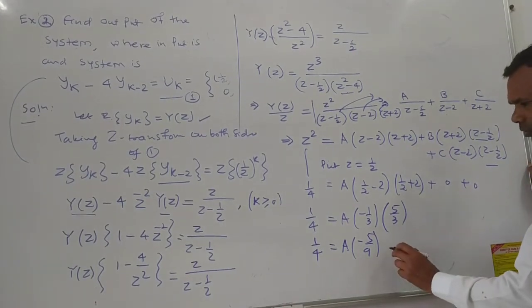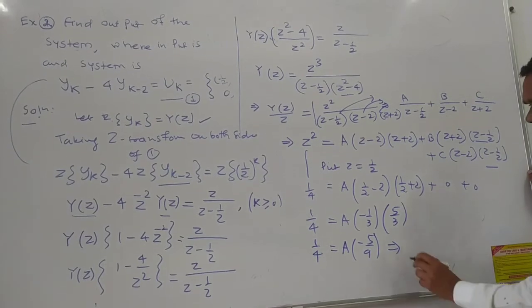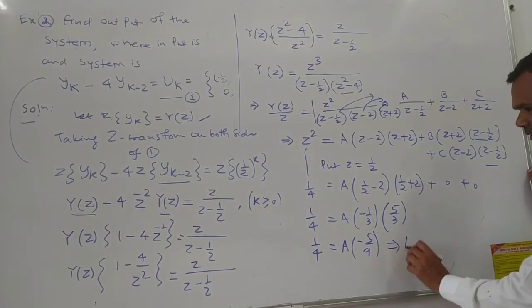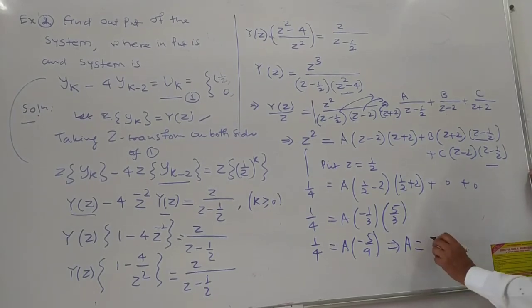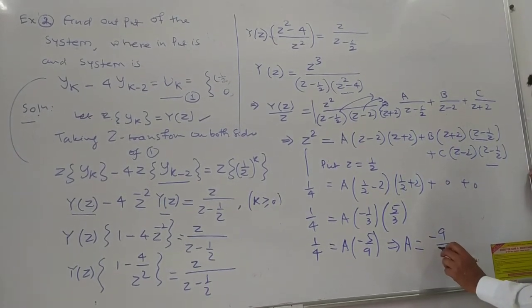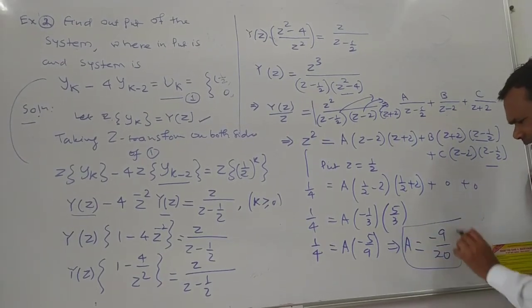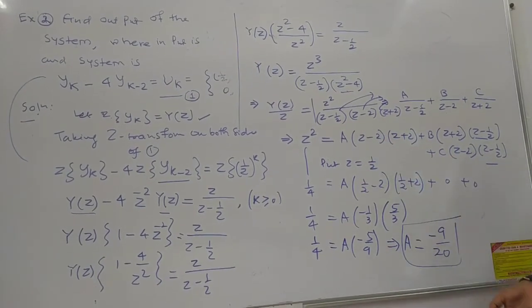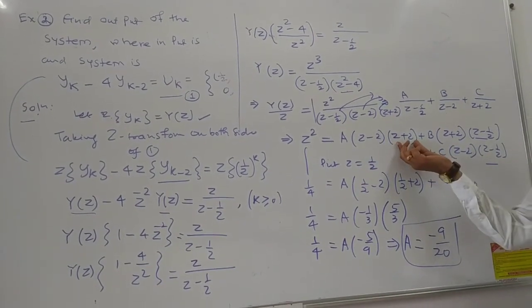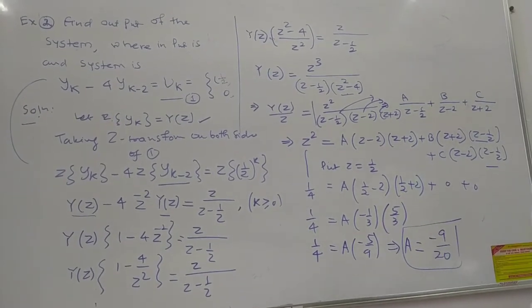So a is equal to minus 9 divided by 20. So this value you are getting of a. Similarly, if you put z is equal to minus half and z is equal to half, or z is equal to minus 2 and z is equal to 2, you are getting the values of b and c.